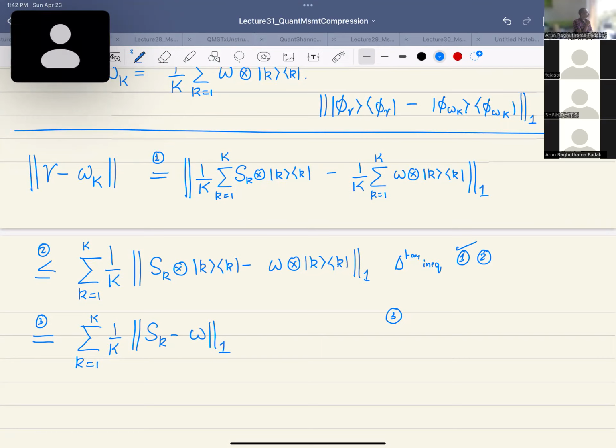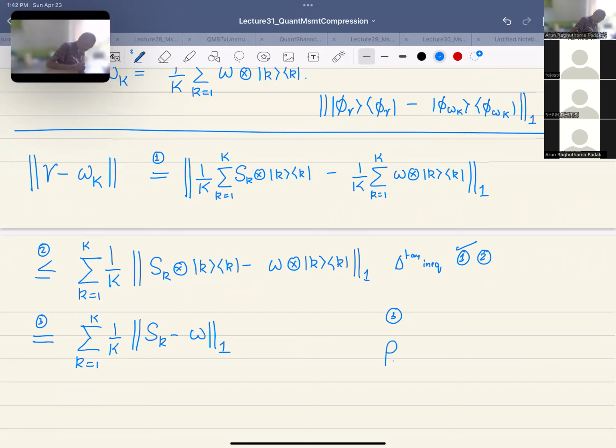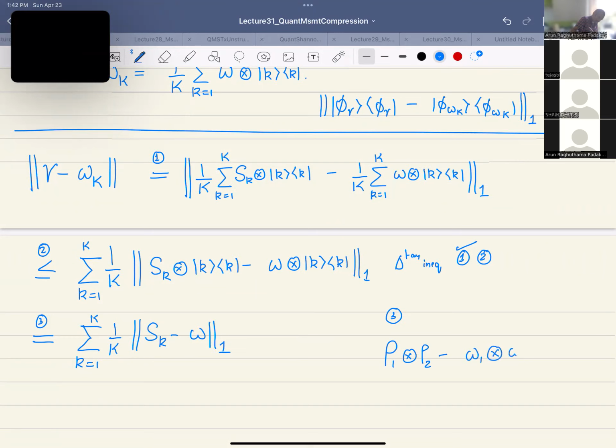There was this telescopic property of trace distance. Not telescopic property. What is the telescopic property of trace distance? If we have rho 1 tensor W minus sigma 1 tensor W, trace distance, then it is the sum of rho 1 minus sigma. Nice one. So you're saying this is less than equal to what?